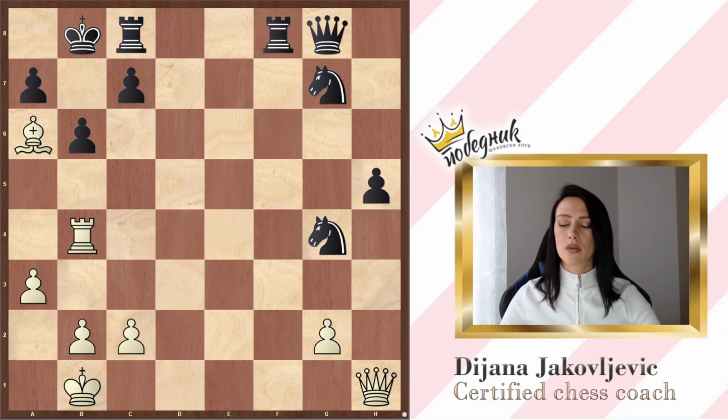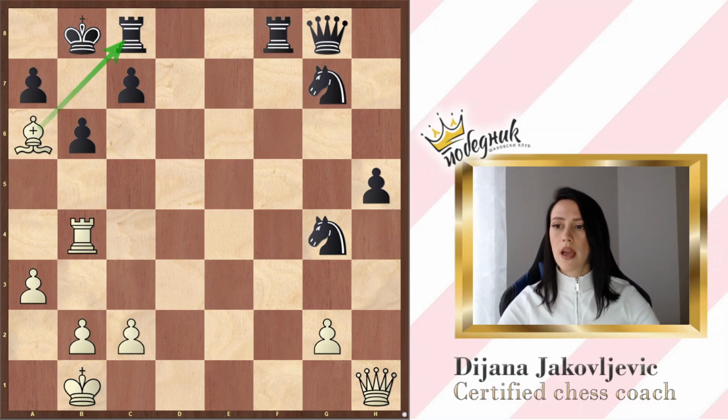When we're talking about our piece's value, here is an example for you to better understand what I'm talking about. So, for example, this bishop here, we know that his value is 3 points, and the value of this rook is 5 points.